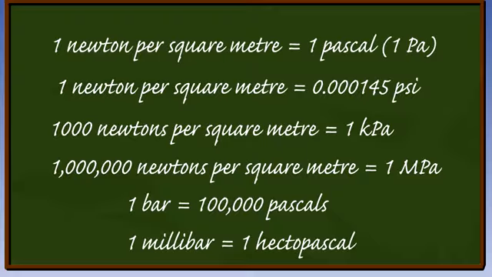Standard pressure is 1013.2 millibars, or 1.0132 bars. 1 bar is equivalent to 100,000 pascals. So in some areas of the world, the barometric pressure is given in hectopascals, 1 millibar being equivalent to 100 pascals, or 1 hectopascal.